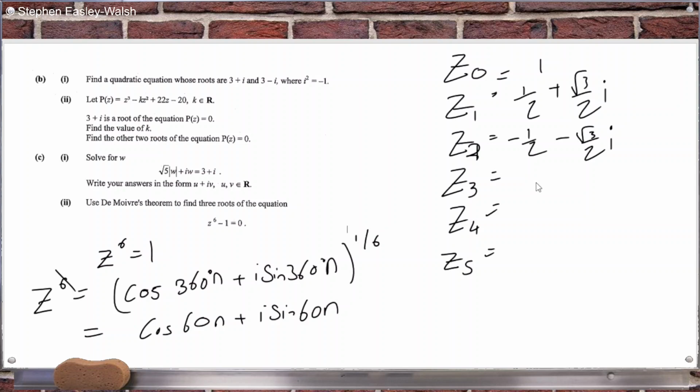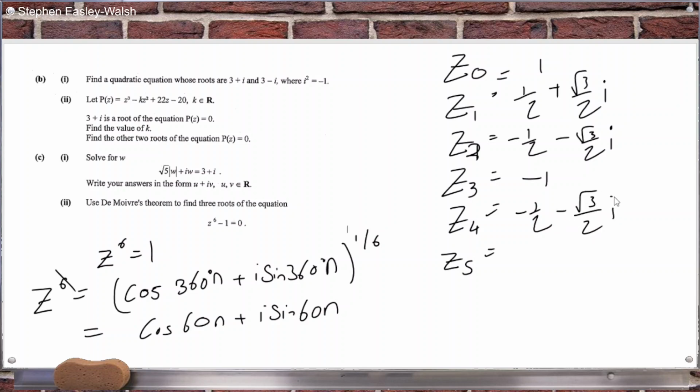And then what's the next one? Cos 180. So cos 180 is minus 1 and sine 180 is 0. So that's minus 1. And then now cos 240, which is minus a half. And then sine 240, which is minus root 3 over 2.